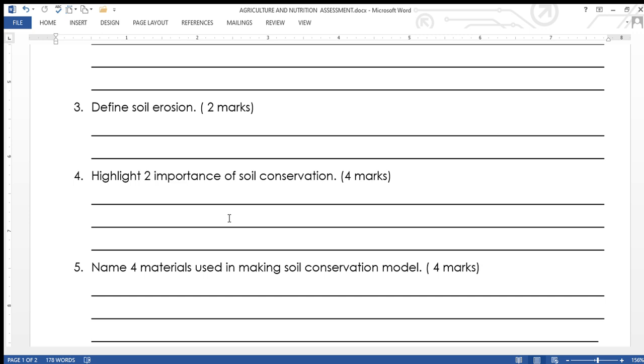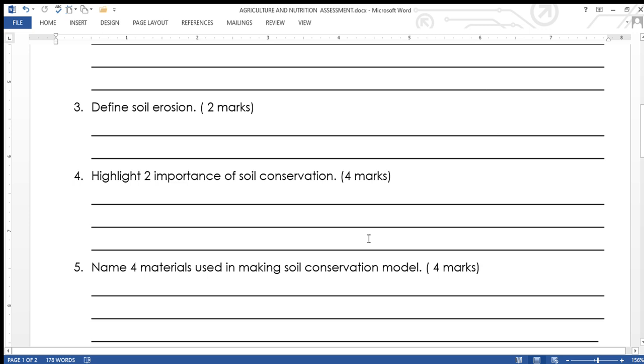Now, what are the importance of soil conservation? Which group will present the answer? The one you discussed in your group activity. Yes, group 1. Helps in controlling soil erosion. Conserves living organisms in soil and water. Prevents water bodies from siltation. Preserves soil nutrients and helps in improving soil productivity.